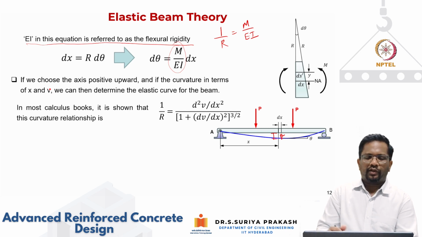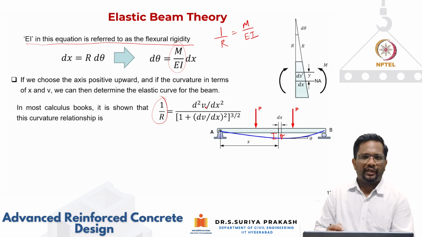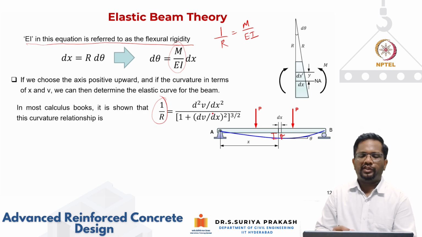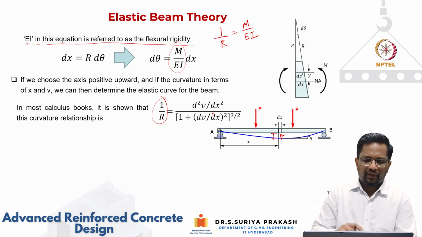In most calculus books, it is shown that this curvature is nothing but d square v by dx square, where v is your deflection taken as positive upward, divided by (1 plus (dv by dx) square) to the power of 3 by 2. This relationship for curvature also includes higher order terms.